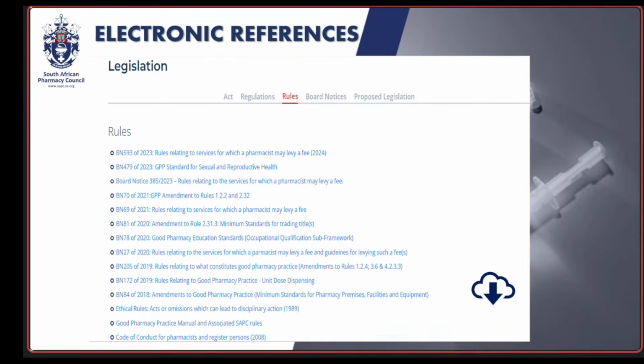So make sure that you use that latest information when you use the Good Pharmacy Practice Manual. So look at everything that was published after that, read through them, make sure that you know what the new standards are that are applicable.